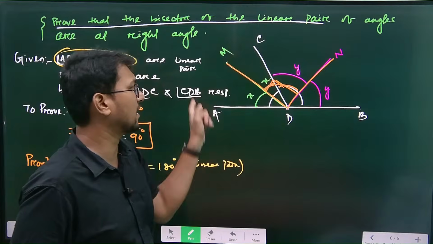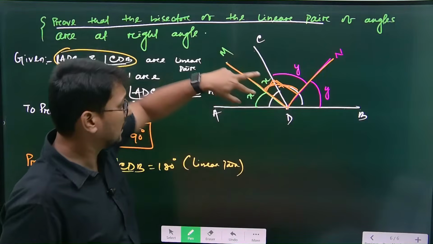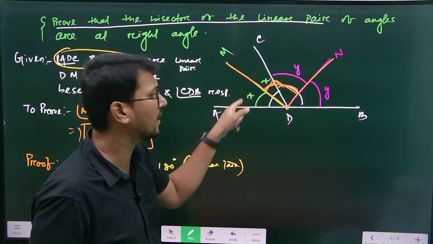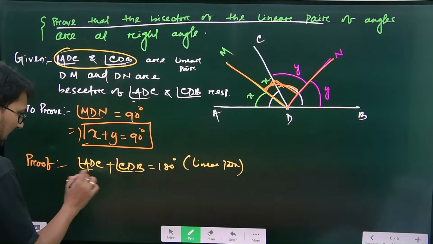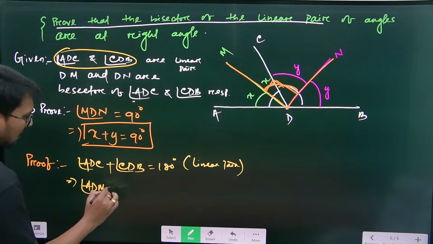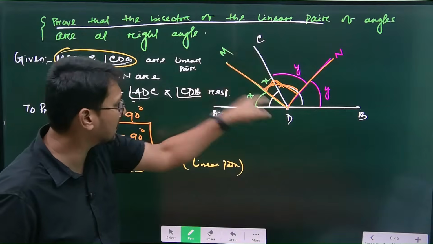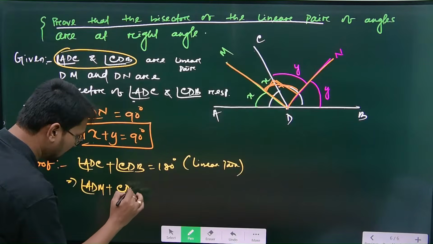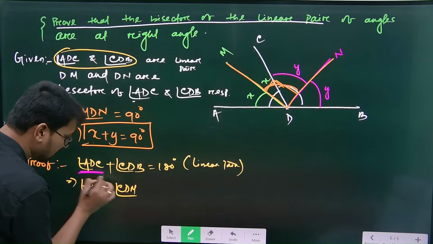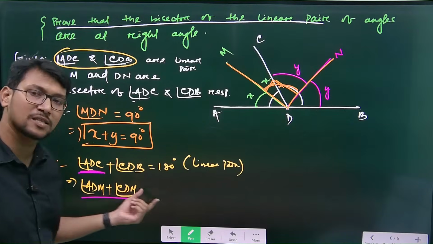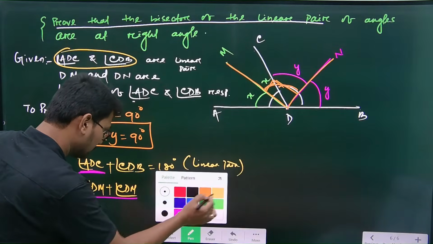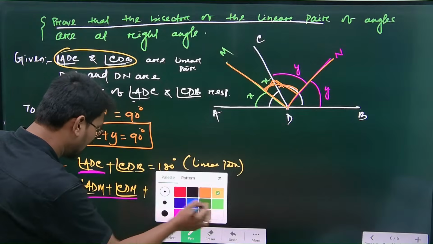But children, check the angle ADC, it is divided equally into two parts, those two are what? x and x. Meaning I can write ADC as angle ADM plus angle CDM. Which one have I split? ADC I have written as ADM plus CDM. Plus, which one am I going to write now?